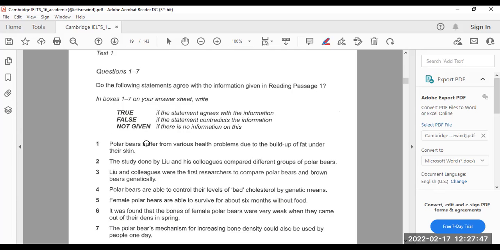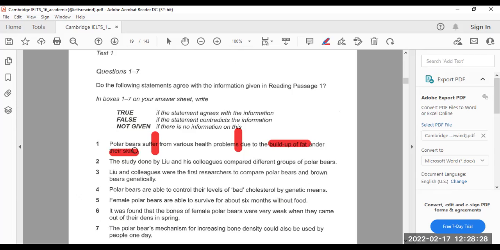So, polar bears suffer from various health problems due to the buildup of fat under their skin. This is my question. As soon as I read the question, you could convert the statement into 3 segments like this: suffer health problems, due to buildup of fat, under the skin.